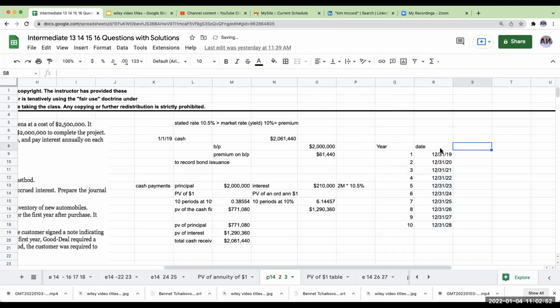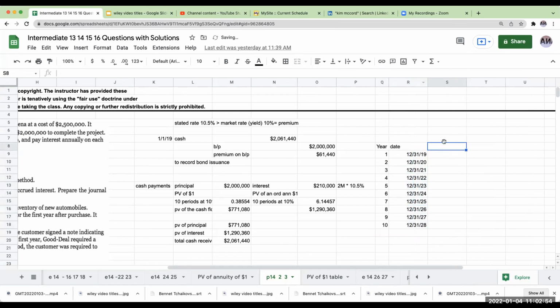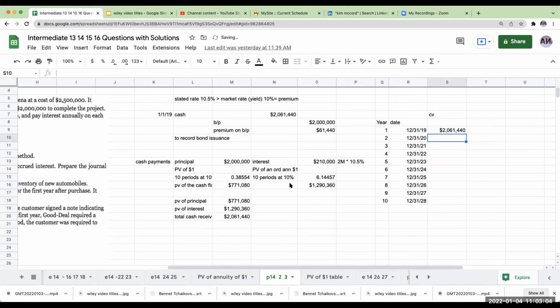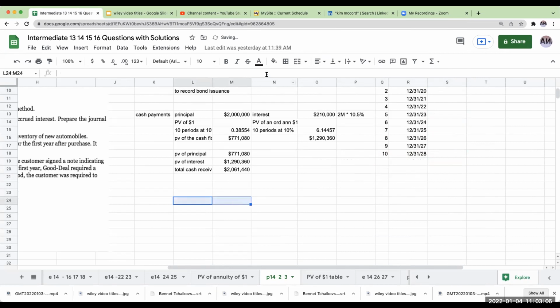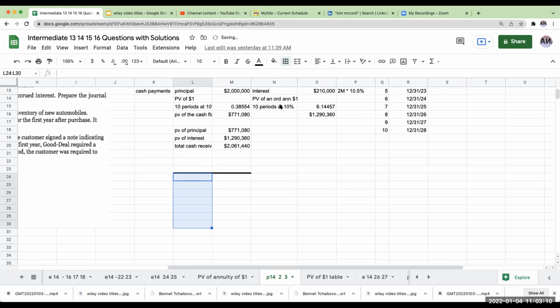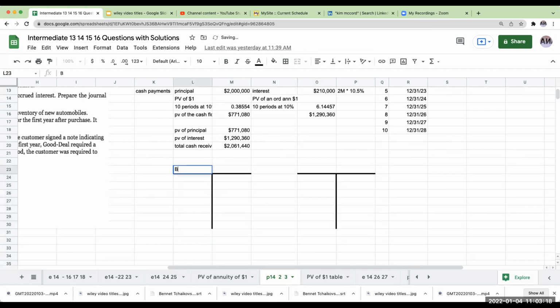Okay, so my date, my carrying value beginning is going to be $2,061,440. If I was to do this in T accounts, my bond payable is always going to be at face value.